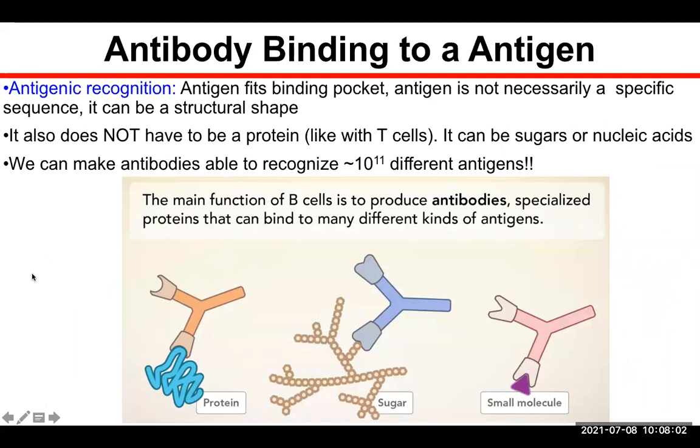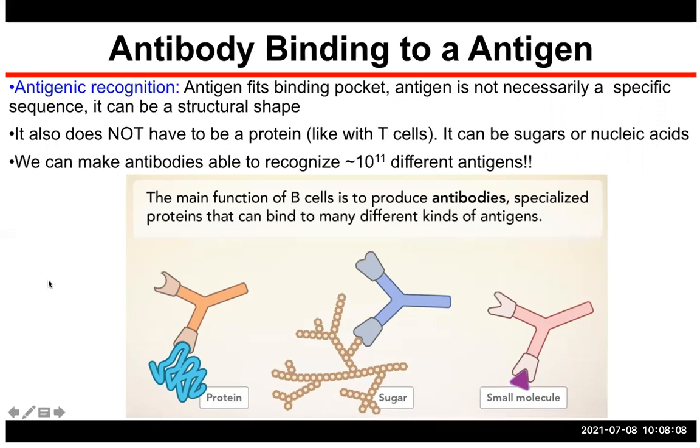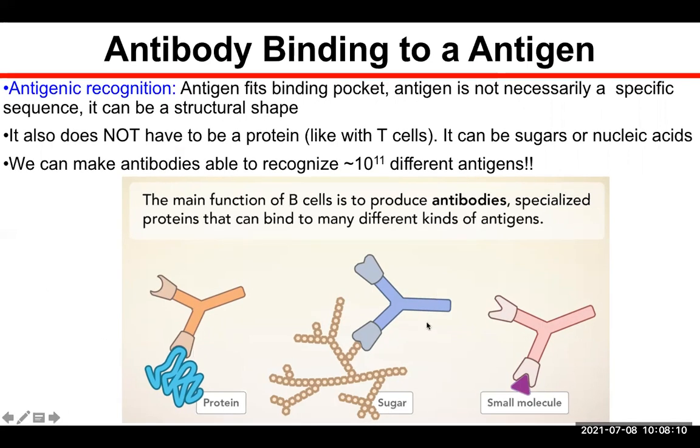And so like I emphasized earlier, when antibodies are binding to antigen, they're going to bind only to the Y portion of the antibody. And unlike T cells that only recognize specific protein sequences or peptides, the terms epitopes and antigens are used interchangeably. The kinds of antigens that B cells can recognize are not only proteins, but also sugars and nucleic acids.